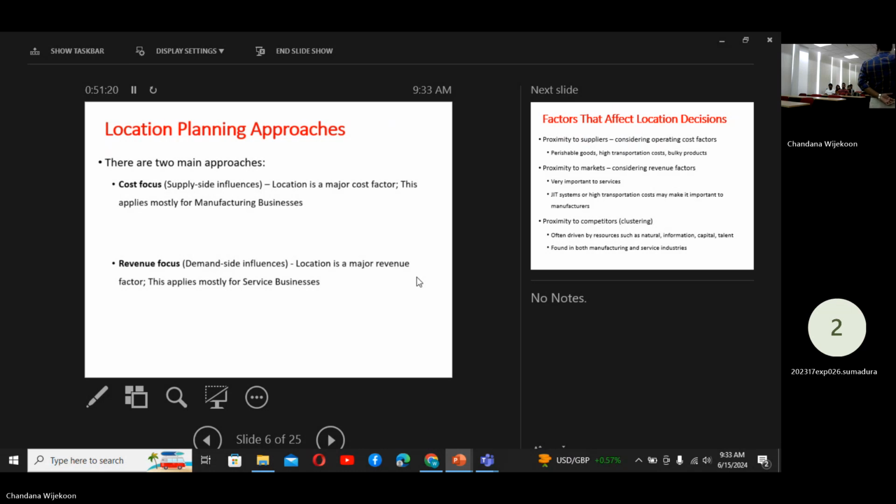New, and that location created certain advantages, or may not be due to certain factors. Right? So if you are able to identify why they selected that location, that will be fine. Is that clear?